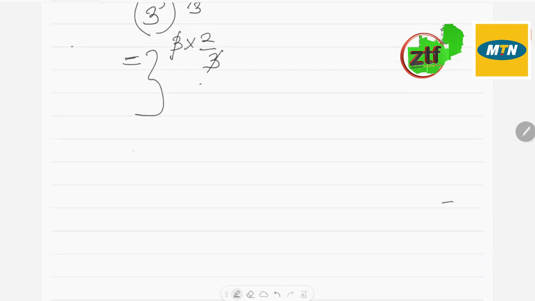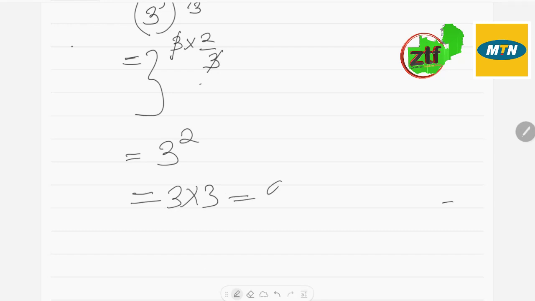So you are going to remain with 3 to the power 2, and 3 to the power 2 is multiplying 3 by itself twice. It's not 3 times 2 as the common mistake which most of the pupils make, but it's 3 multiplied by itself. So you have 3 times 3, which gives you 9.